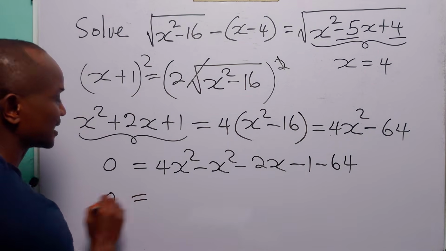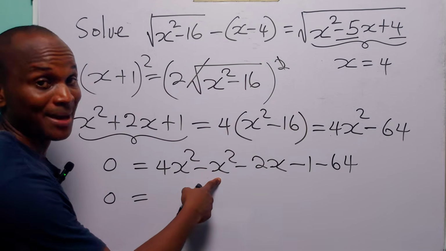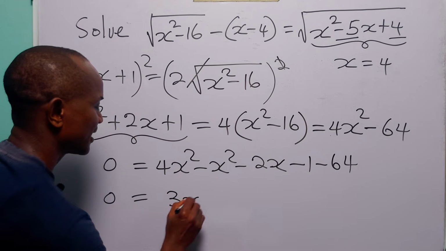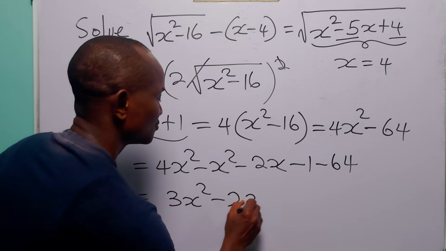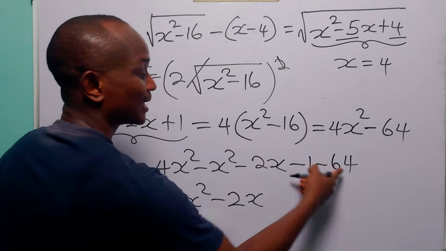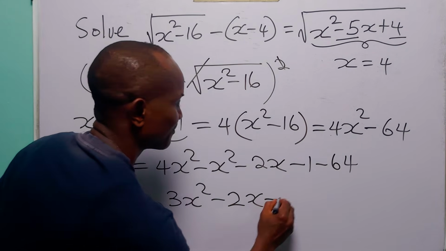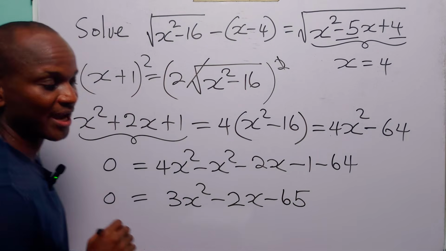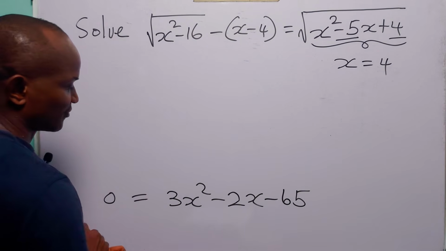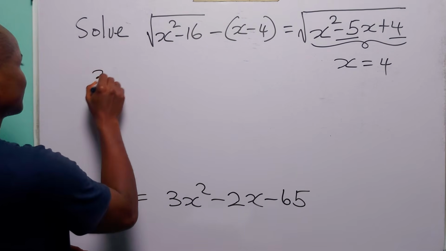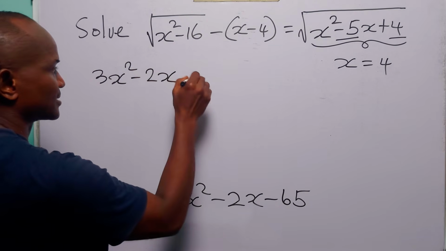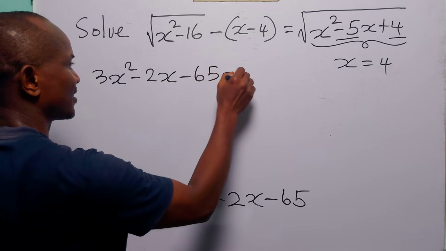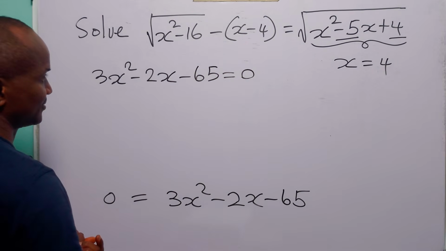Now, 0 is equal to 4x squared minus x squared is 3x squared. Then minus 2x. Minus 1 minus 64 is minus 65. And of course, from here we have that 3x squared minus 2x minus 65 is equal to 0.